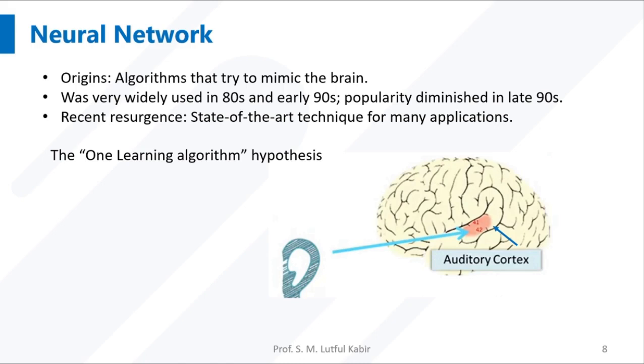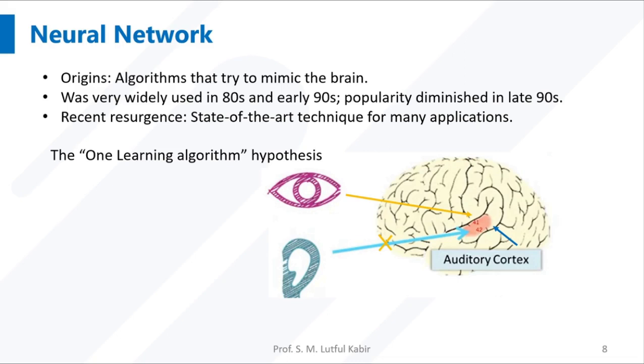Neuroscientists have done the following fascinating experiment on animal brains, where they cut the wire from the ears to the auditory cortex and then rewire it so that the signal from the eyes, from the optic nerve, eventually gets routed to the auditory cortex.